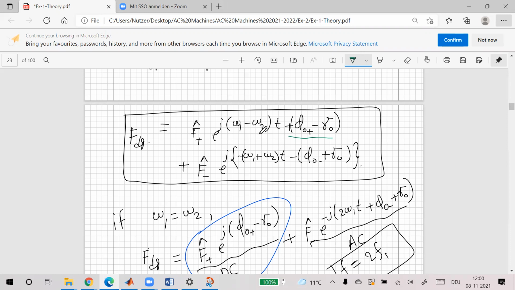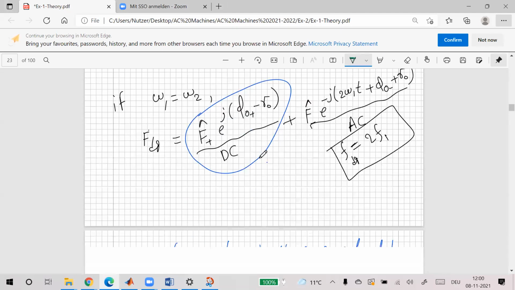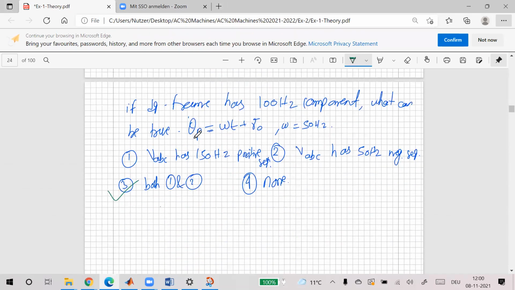And when you have, let's say, 100 hertz with negative sequence, then you add 50. I forgot which frequency I said in DQ. It was 100 hertz, right? Okay, let's assume this case.